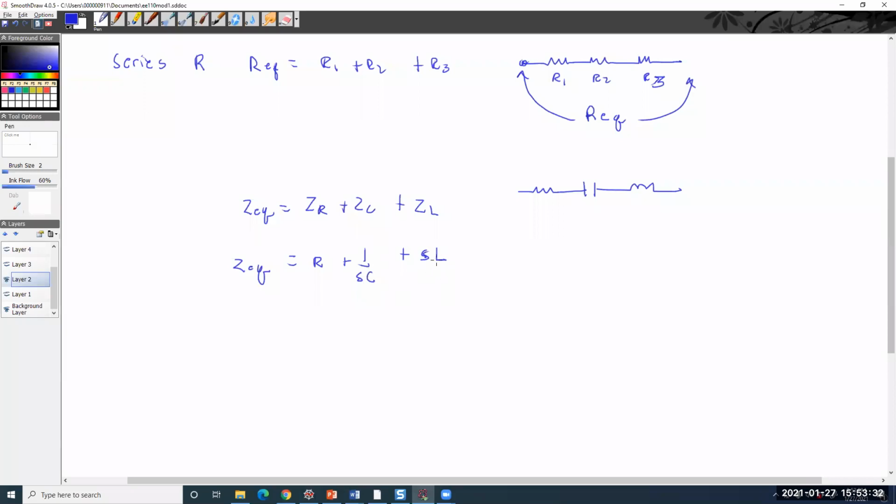So whatever we learned way back when about adding resistances in series, it's the same for impedance. It's just that when we get to the actual impedance of a capacitor and inductor, that can lead to some complex math.